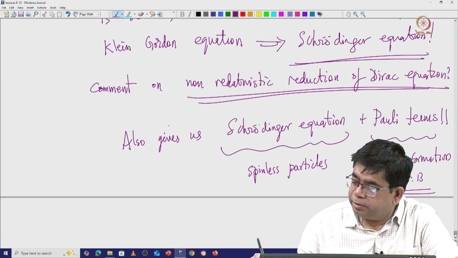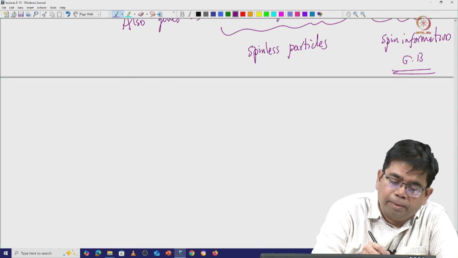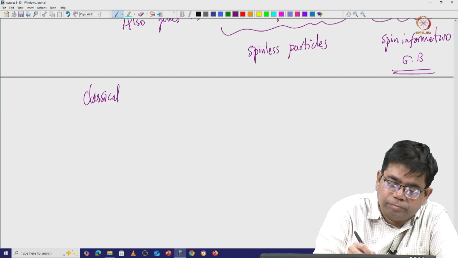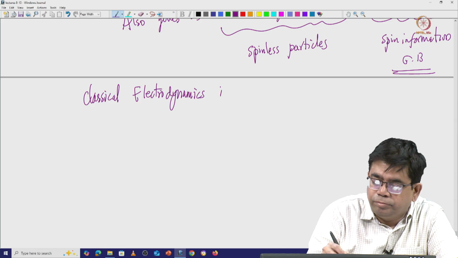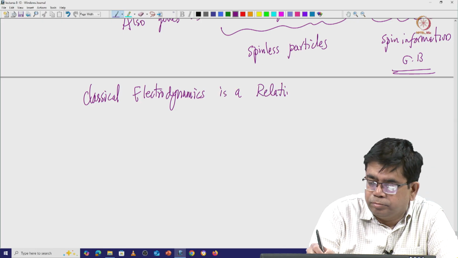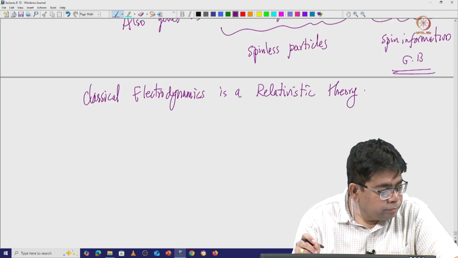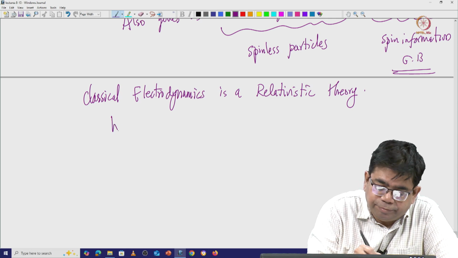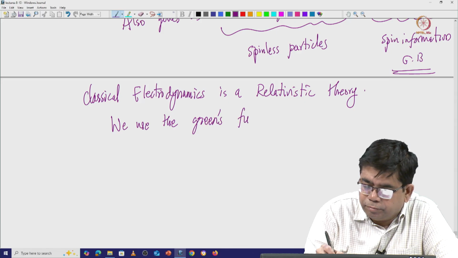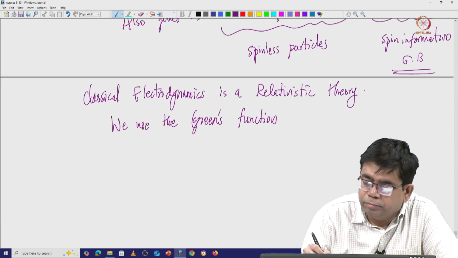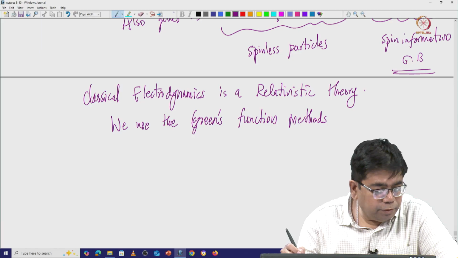Now in electrodynamics, which is a relativistic theory, we use the Green's function methods for this Poisson equation.